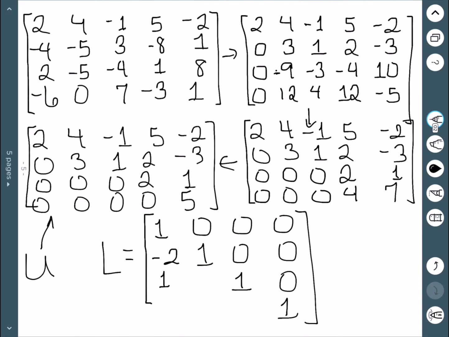I then did 3 row 1 plus row 4, so a minus 3. Essentially, I'm just going to change the signs. The next thing I did was 3 row 2 plus row 3, so make this a negative 3. I then did a negative 4 row 2 plus row 4, so I'll make it a positive 4. Finally, the last operation I did was negative 2 row 3 plus row 4, so this should be a positive 2. And now we have our decomposition.